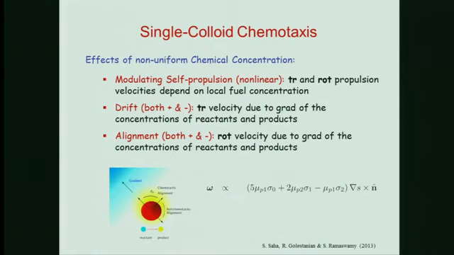So basically, there are three different ways that an externally imposed concentration gradient will affect a self-diffusiophoretic active colloid. One is that it will modulate the strength of its propulsion. It has this translational velocity, it has the spin, and they depend on the local value of the fuel concentration. You modulate that, you modulate the strength of the activity in a local way. If you look at the spontaneous translational velocity, that is, however, randomized because the orientation is randomized.